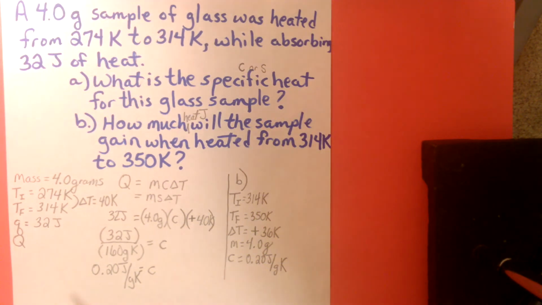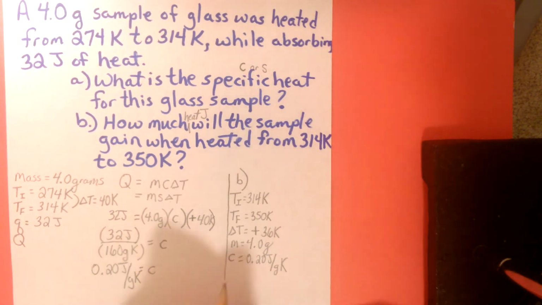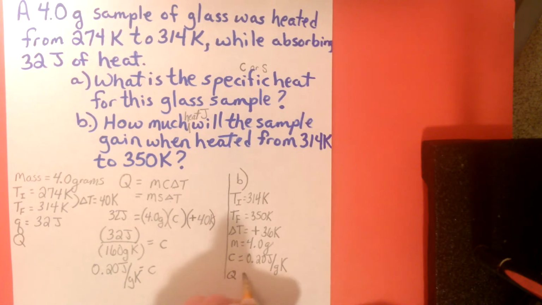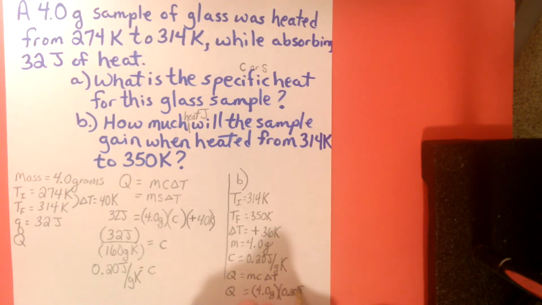Let's set this up. We've got Q equals mc delta T. Again, write the formula. List your variables, list their values, and then this becomes a simpler problem. You're just merely plugging and chugging in values.